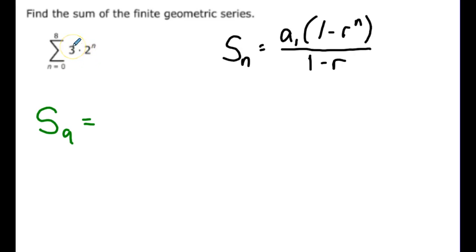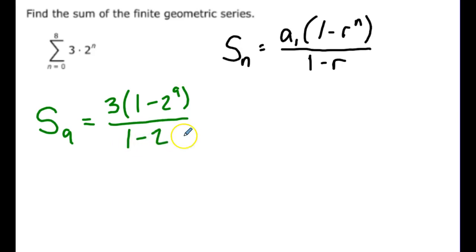We're starting with 3, multiplying it by the common ratio. All right, so we have 3 multiplied by 1 minus the common ratio, in this case, is 2. 1 minus 2 raised to the 9th power. And that is all divided by 1 minus r, so 1 minus 2.